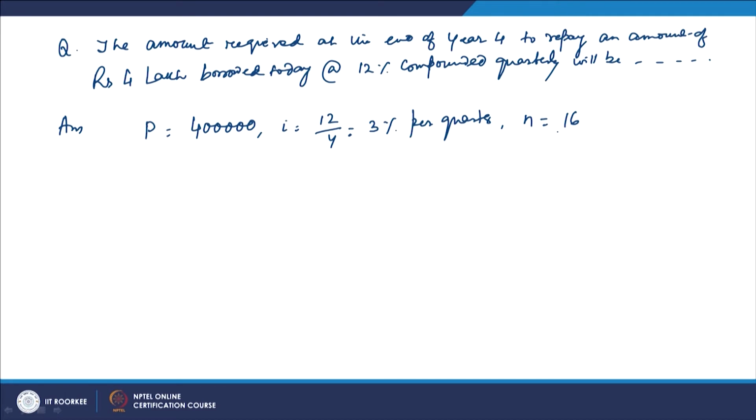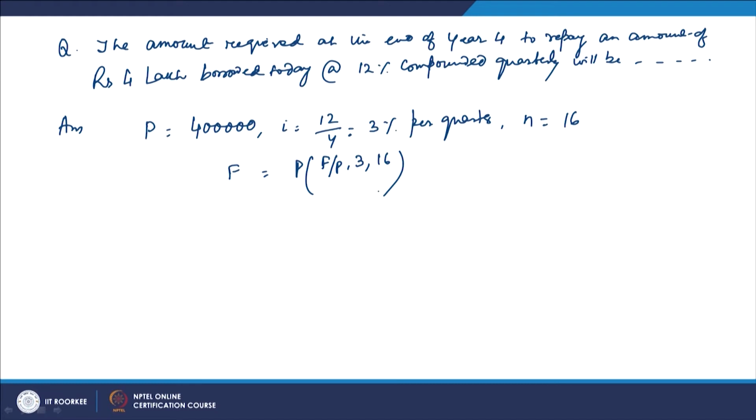Now, you can use the normal compounding factor formulas and find the value of F. So, F will be calculated as P into (F/P, i, n), where i is 3 and n is 16. It is nothing but 1 plus 0.03 raised to the power 16.